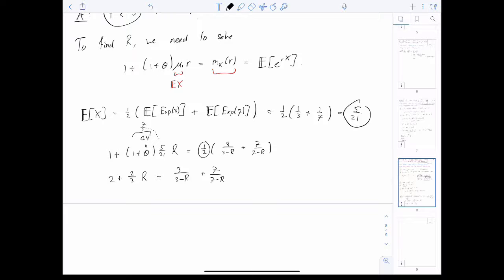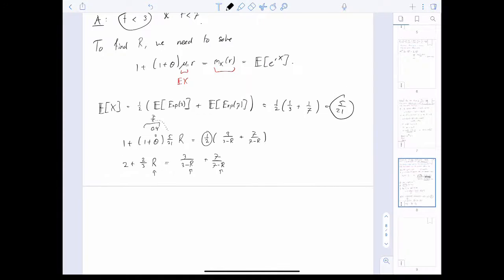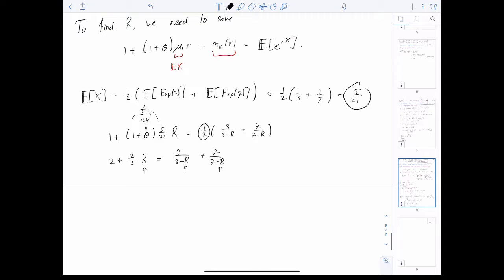Now this equation is a bit annoying because we have r in 3 places, in here, and in 2 different fractions. So the first thing is to rewrite the right hand side so that we have at least one fraction. To do that, we want to make the denominators equal, so we multiply them, but then we have to multiply this 3 by 7 minus r, and we have to multiply 7 by 3 minus r.